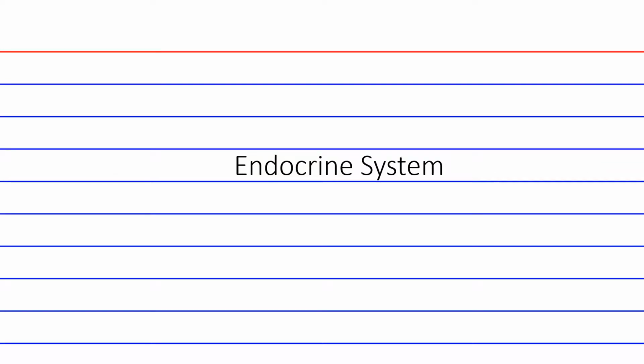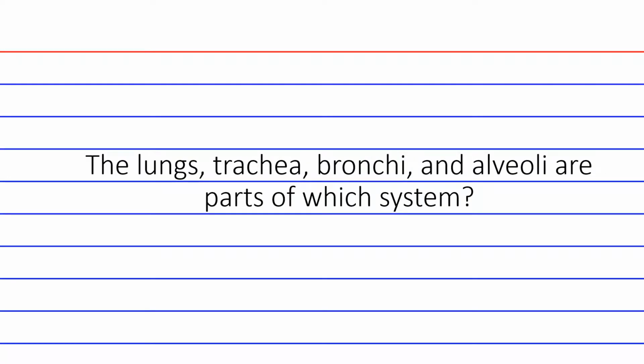The answer is the endocrine system. The lungs, trachea, bronchi, and alveoli are parts of which system? The answer is the respiratory system.